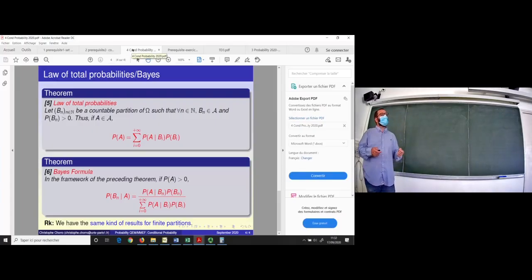It's more natural in my exercise to first compute what happened in the first stage and then what happened in the second stage. But sometimes you may want to compute the other things, and you use this kind of formula.